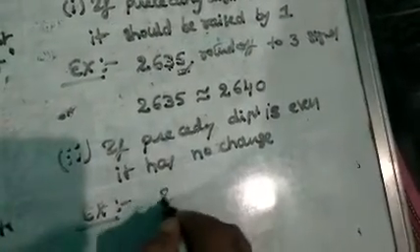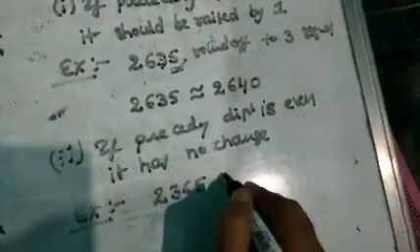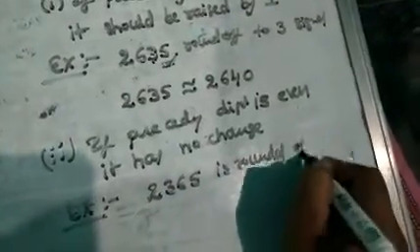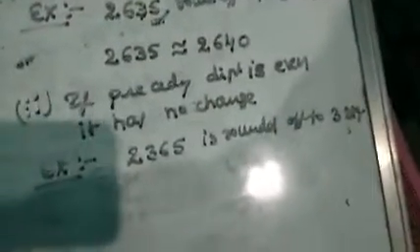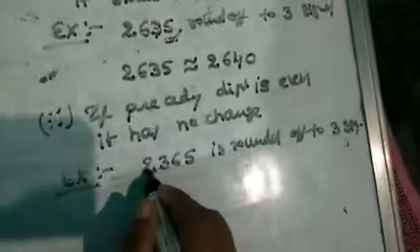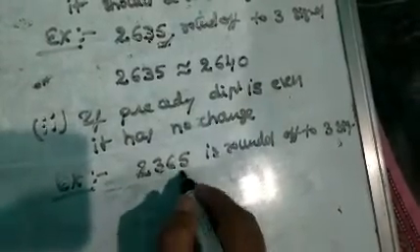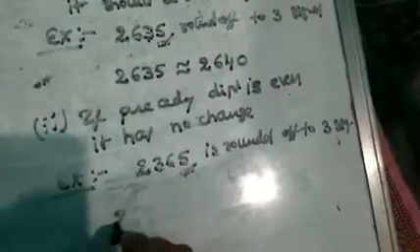So see here, 2365 is rounded off to 3 significant figures. I am asking for 3 significant figures. So 2, 3, 6: 3 digits needed. I don't want this 5. So the digit to be dropped is exactly 5.